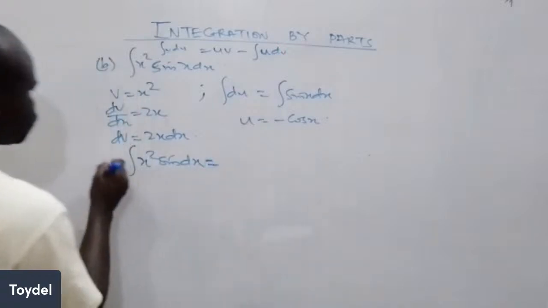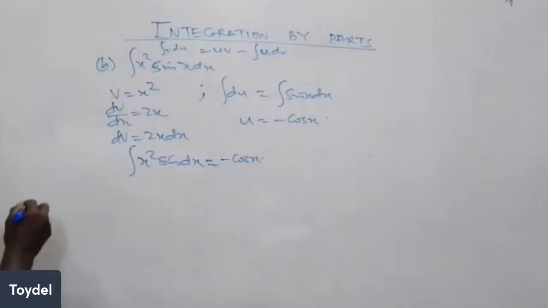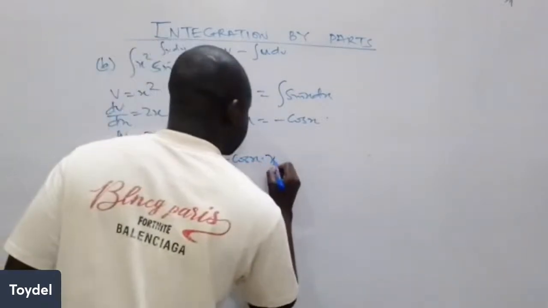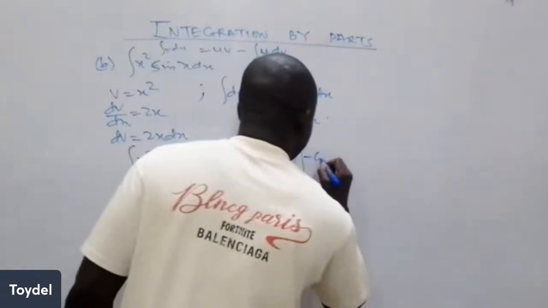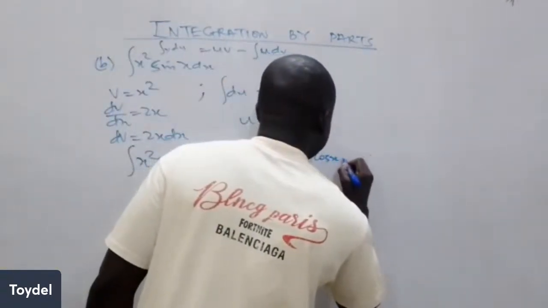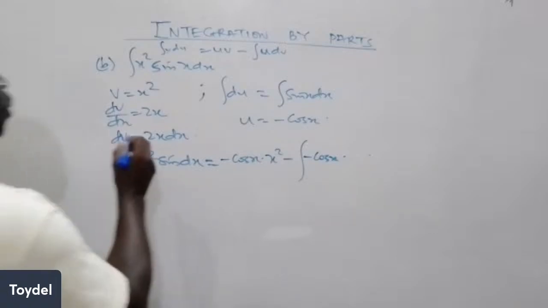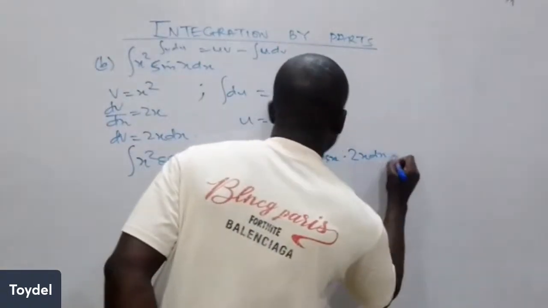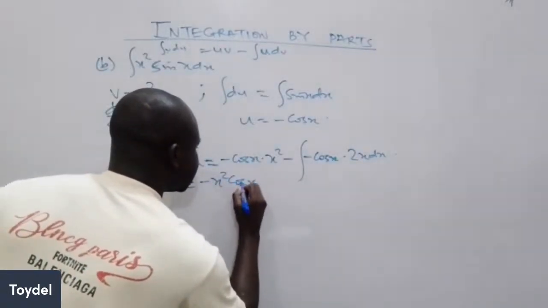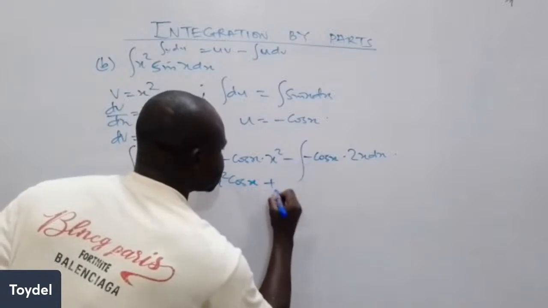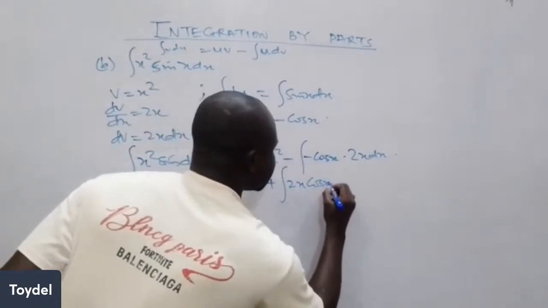So now what is v? v is minus cos x, multiplied by u, which is x squared, minus the integral, we have v as minus cos x, multiplied by, what do we have there? du is 2x dx. Then if you look at this critically, we are going to have minus x squared cos x. That's what you get. Minus times minus is plus, the integral of 2x cos x dx.